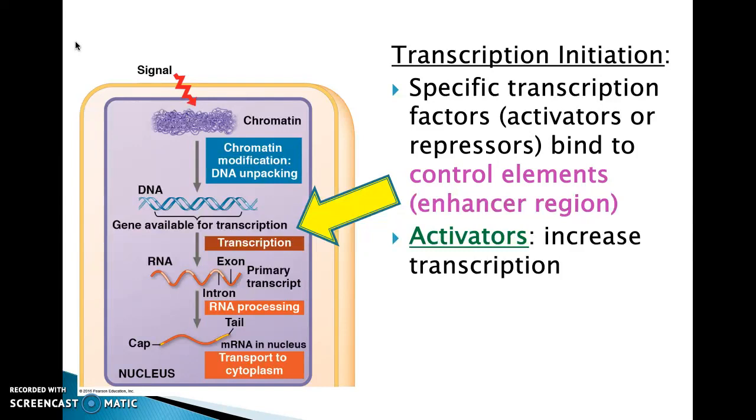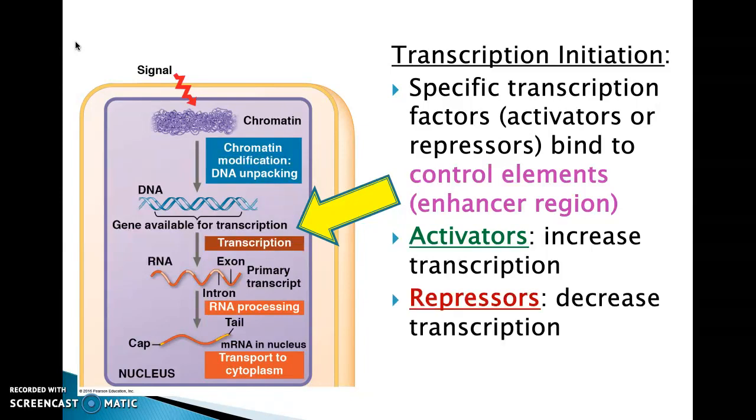The enhancer region is the area upstream of the promoter region in DNA. So again, you have a DNA strand. What comes first is an enhancer region. Then you're going to have a promoter region. That's where the TATA box is. And then transcription is going to start. Again, transcription being the DNA getting read and RNA polymerase building mRNA.